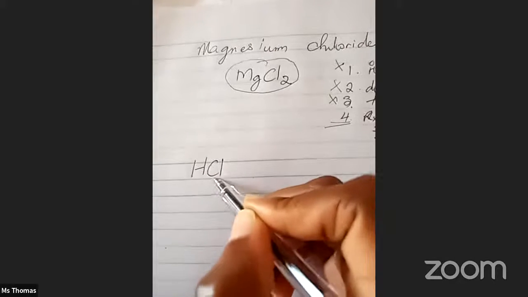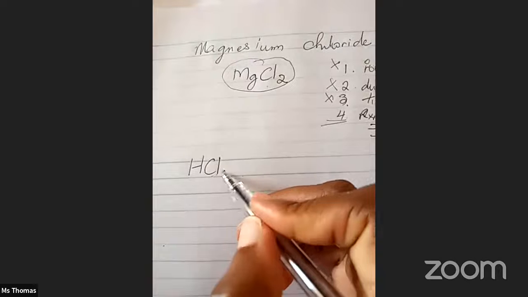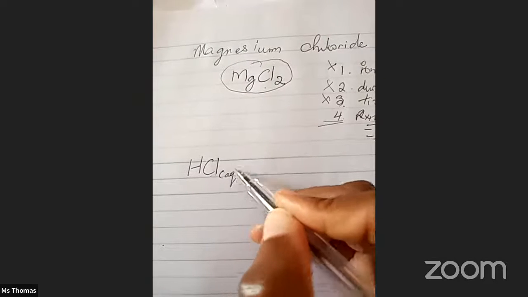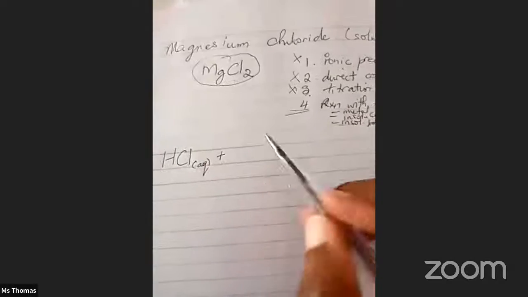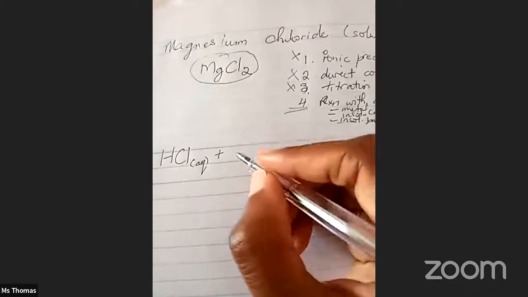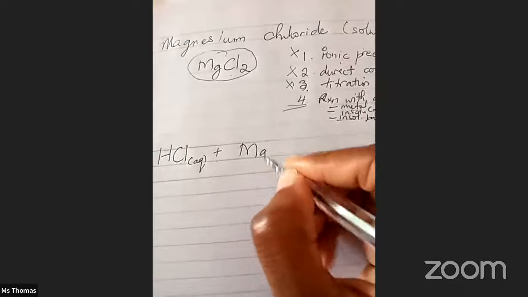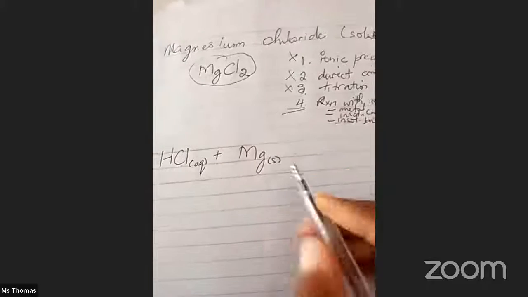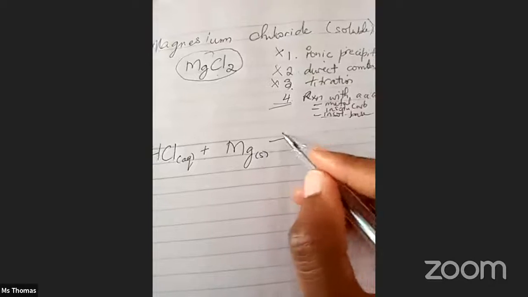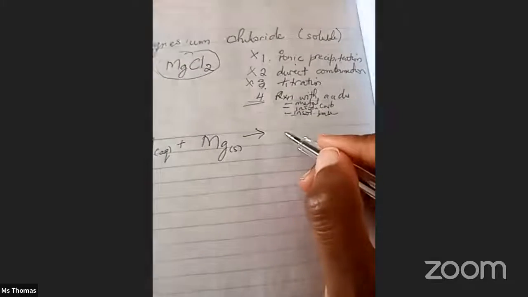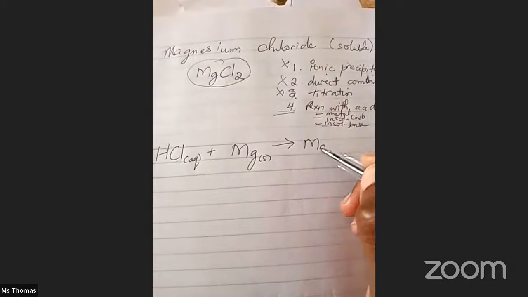We have to use hydrochloric acid because we need the Cl for the salt, right? And then we can use a metal. Which metal must we use? Magnesium metal. So we take the magnesium metal, we add it to the acid, we stir, we filter, and then we heat. And we get magnesium chloride.